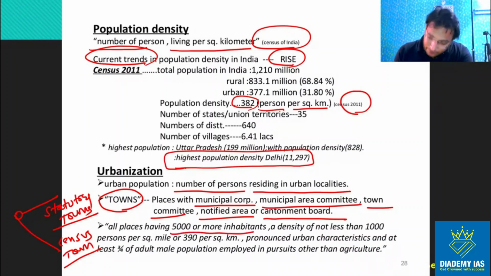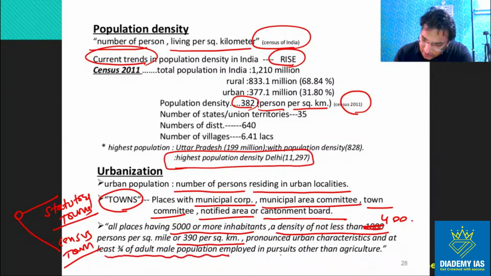Okay. Apart from this, if any area is having population of 5,000 or more, plus the density is more than 400 per square kilometer, 1000 per square mile, and at least 3/4 of the adult male population is working in areas other than agriculture, right?